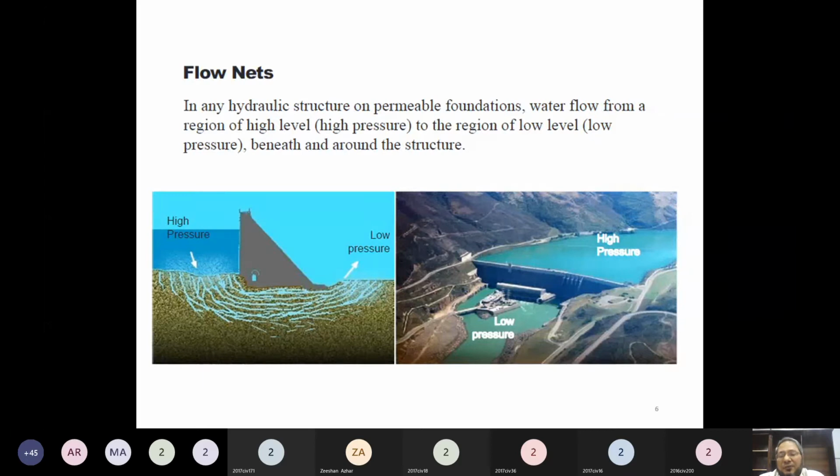I think you know very well flow nets. What are flow nets? What is the general definition of flow net which you have studied in fluid mechanics 2? Yes, please.